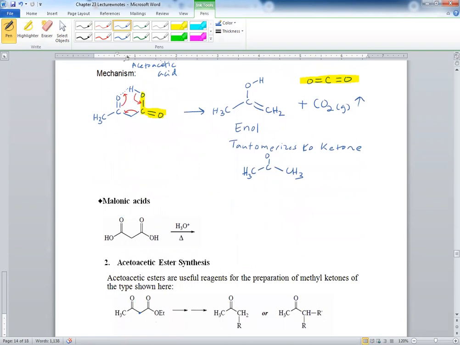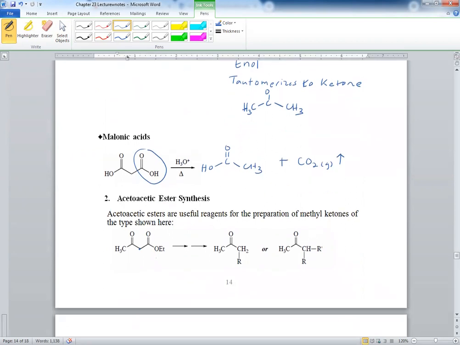The same mechanism applies: one of those, you can choose either one, will become CO2, and you will produce a carboxylic acid and, of course, CO2 bubbling away.